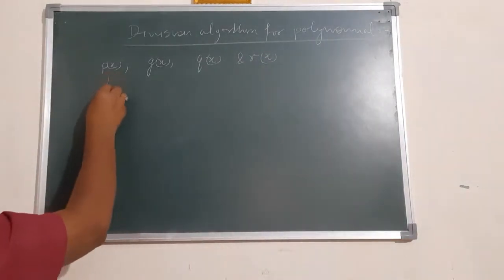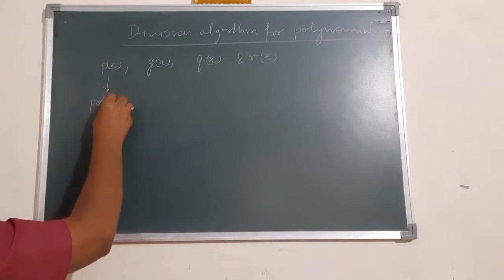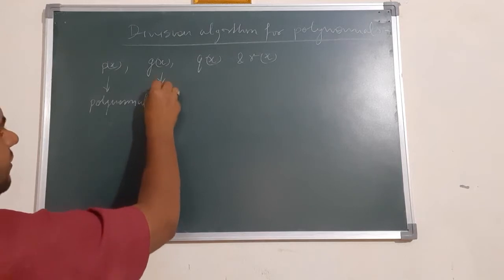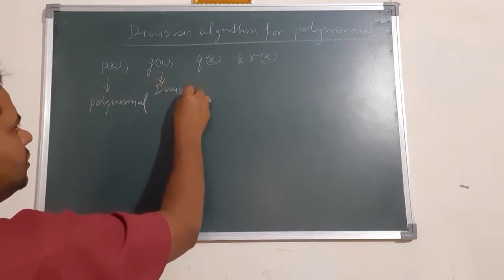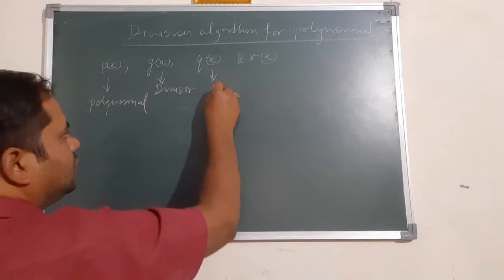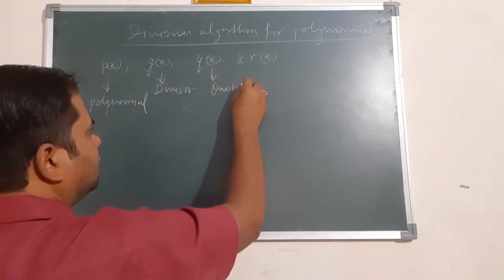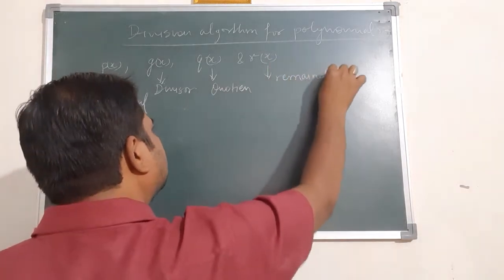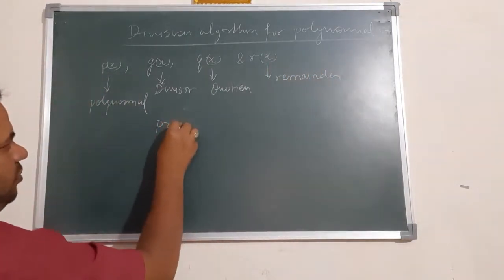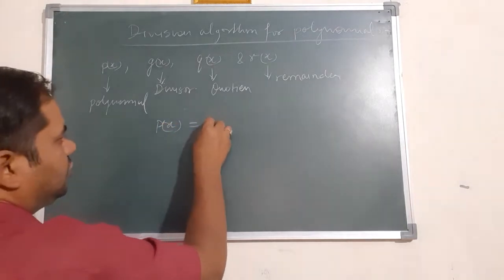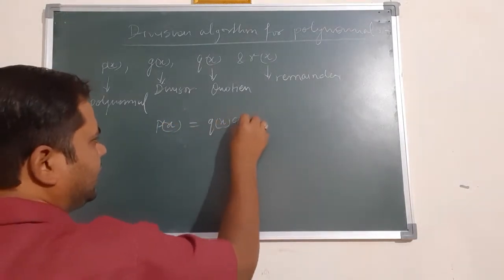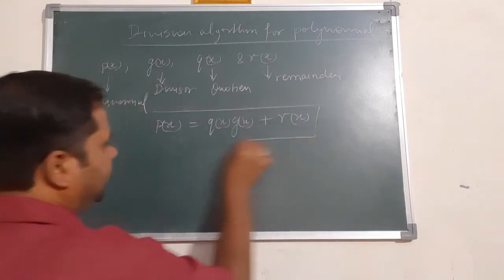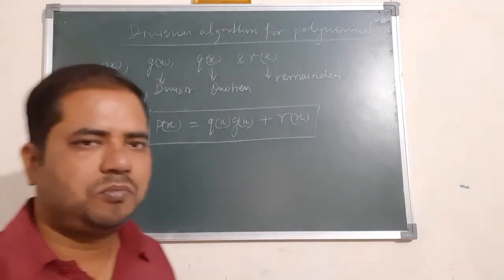That is, this is the polynomial, this is the divisor, this is the quotient, and this is the remainder. Then we can represent this polynomial P(x) as Q(x) into G(x) plus R(x). This is the division algorithm for the polynomial.